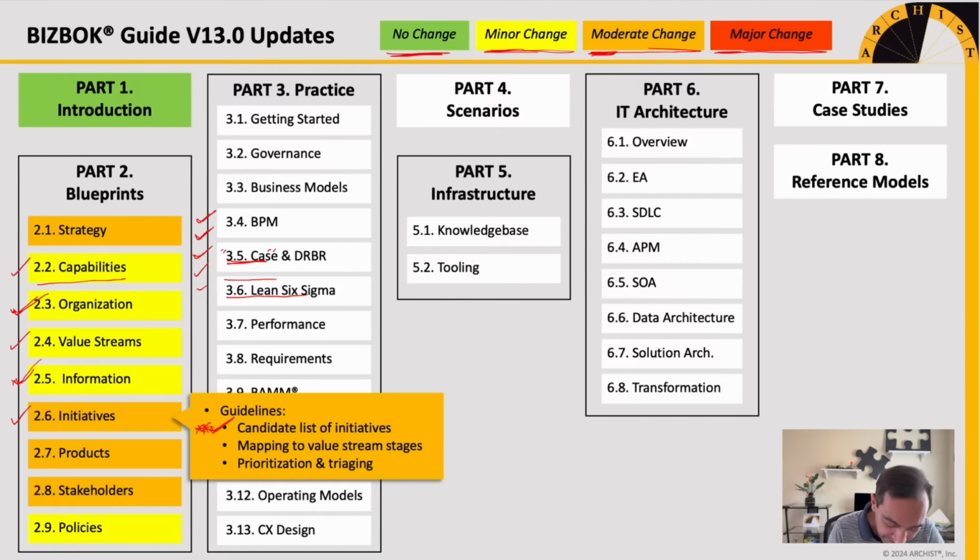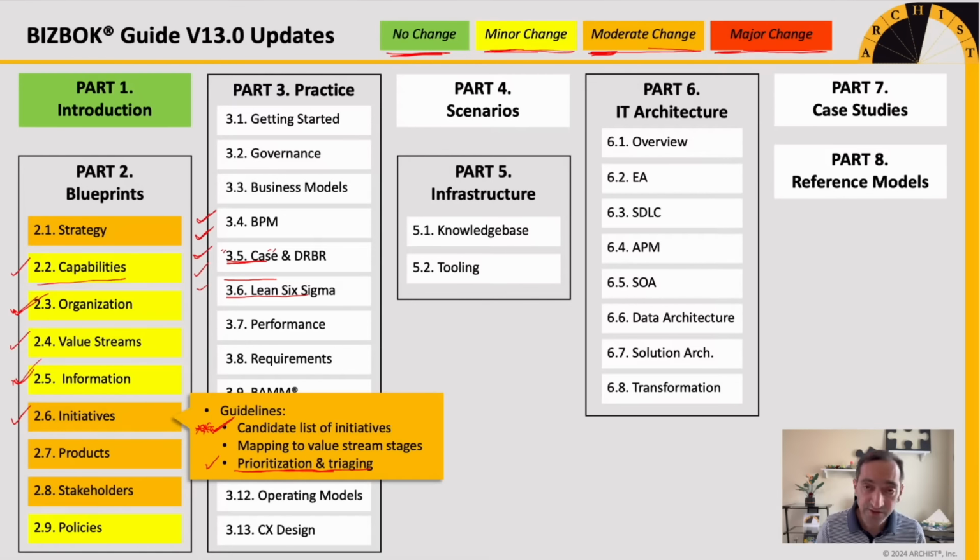And that in fact aligns also to the third item, which is about prioritization and triaging of our portfolio of initiatives, which is also another important role that we could play before we get into the actual execution phase.